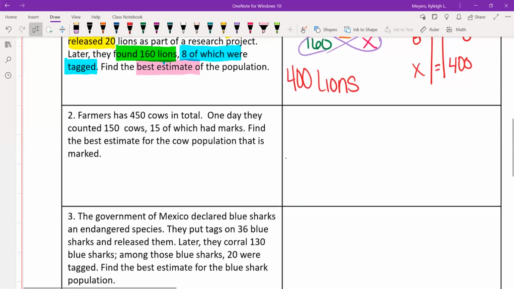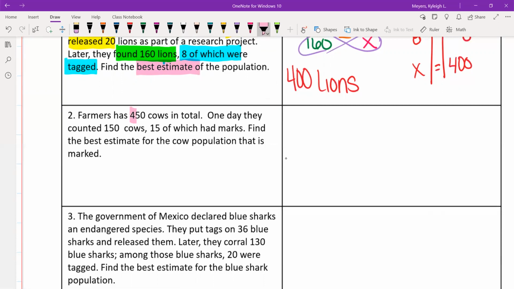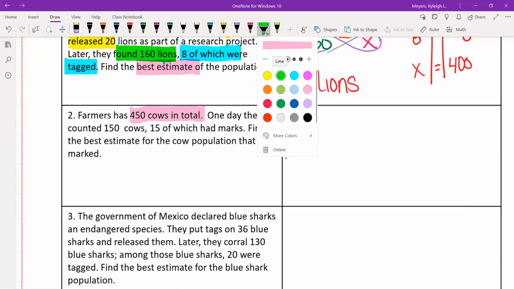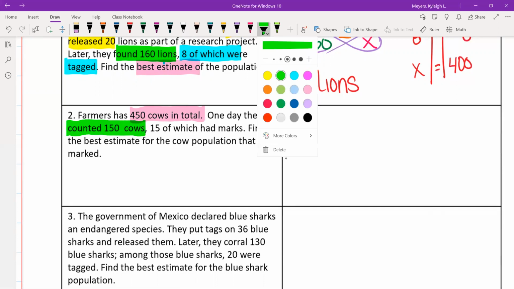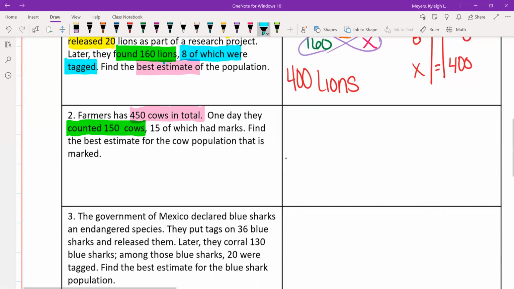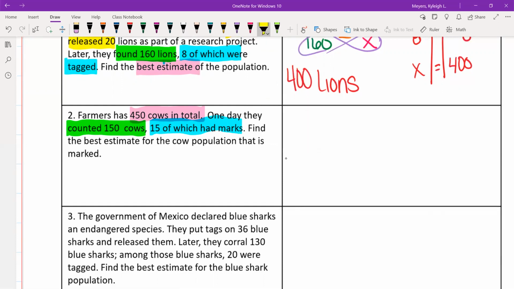Okay, so farmers have 450 cows in total. So we know their population size, 450 cows. One day, they counted 150 cows. 15 of those cows had marks. So we want to find how many of their total cows have marks or tags on them.